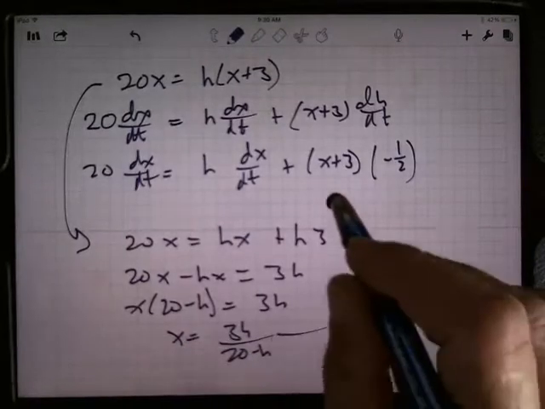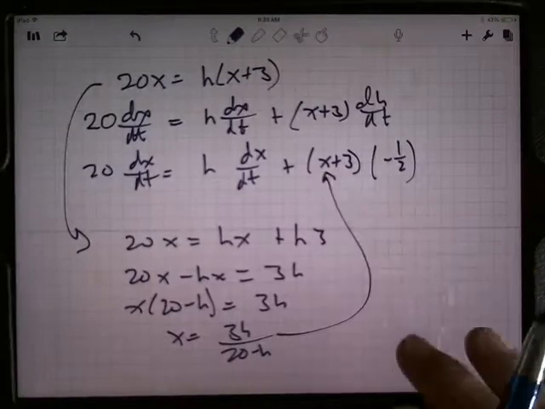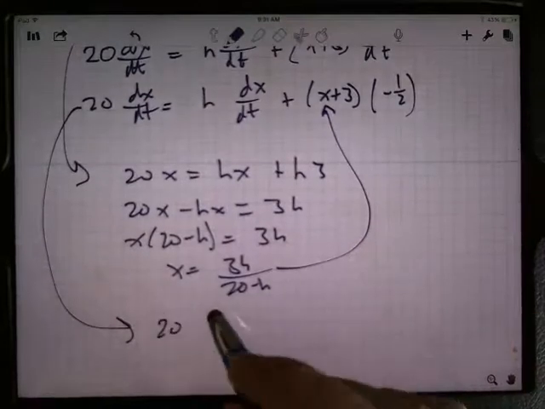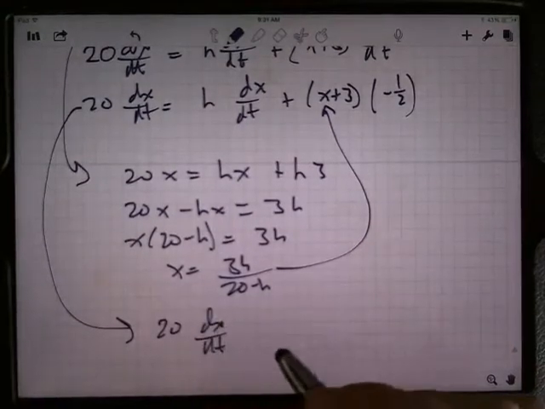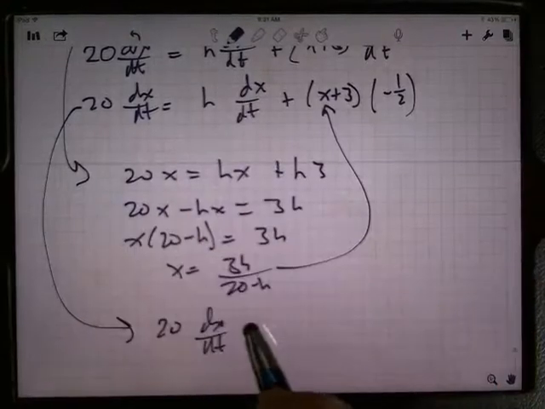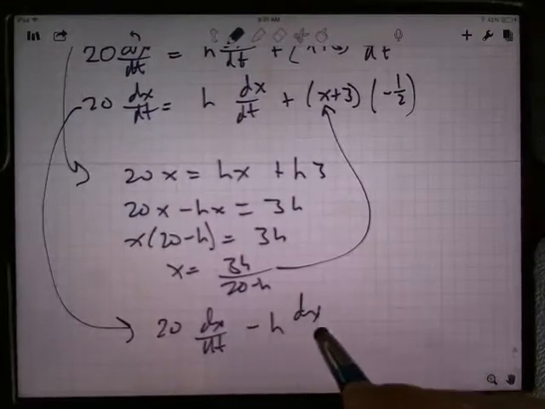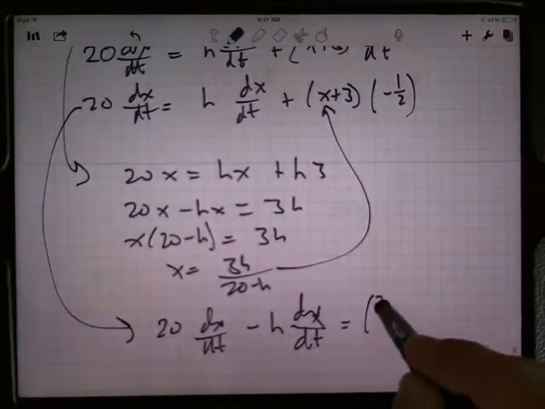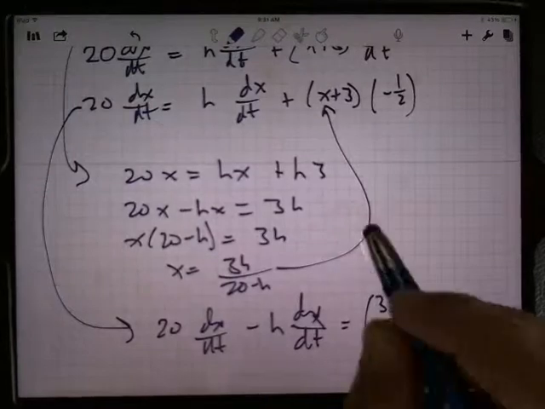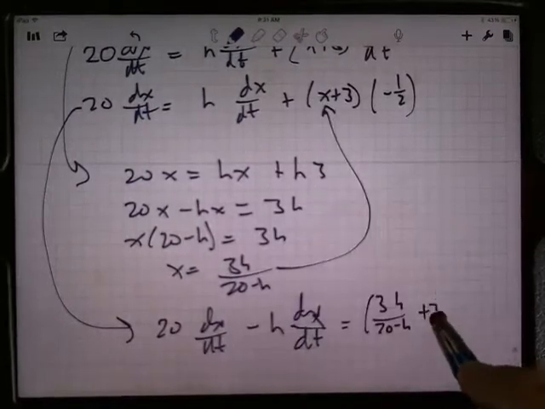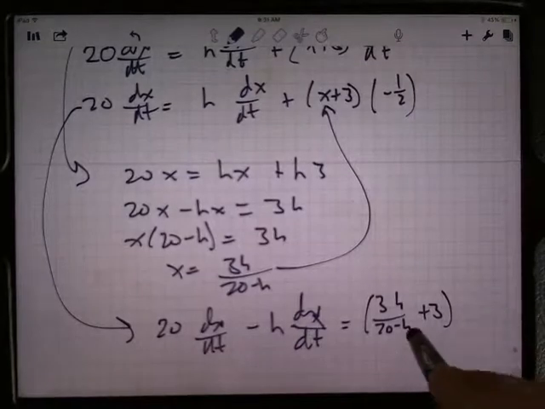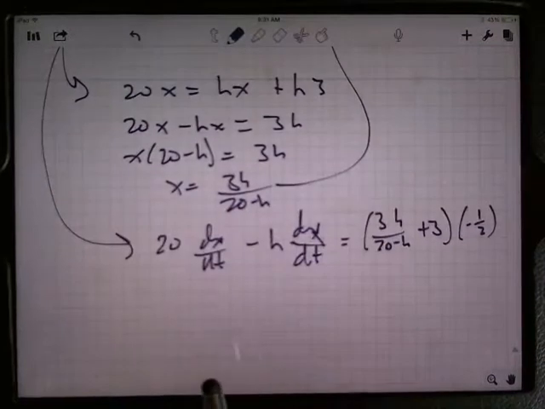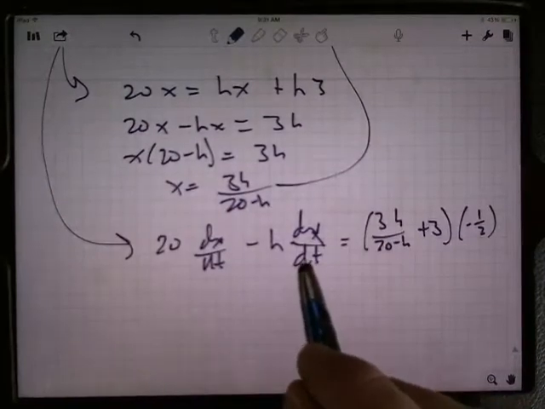Now I can plug that in right there to get 20 dx/dt. I'm going to bring this over to the other side. Minus h dx/dt equals 3h over 20 minus h. That's the x that I just got. Plus 3 times negative a half. Now I can solve for dx/dt.